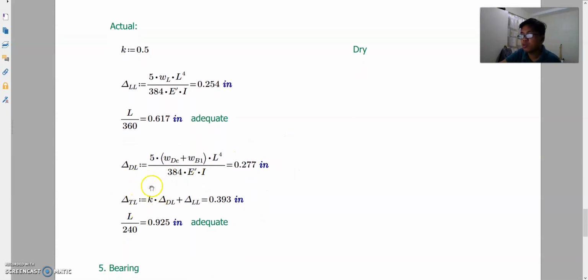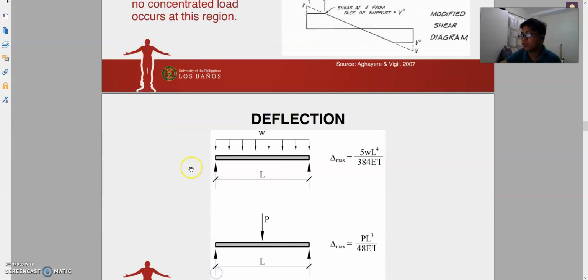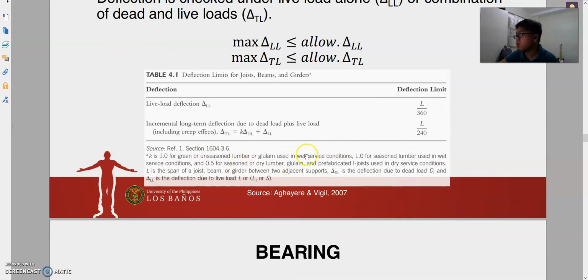And for the total load, we need the dead load, which is still a uniformly distributed load. So we have 0.277. You can also do ratio and proportion if you want. But we need K, right? So K factor. And we have our footnote here. As you have seen in the solution, we have K equals 0.5.